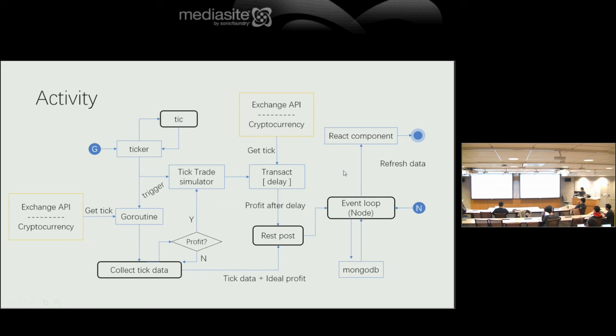And here is the activity. From here to left is a job that the Go client is in charge of, and from here is Node.js. Here is a little complicated. Here the routine will collect the data and make a determination whether there's a profit. If there's a profit, it will go to another routine called trade simulator.